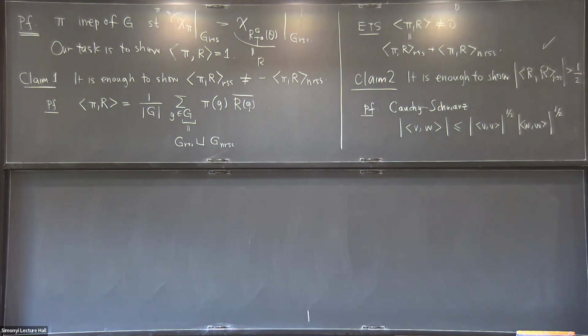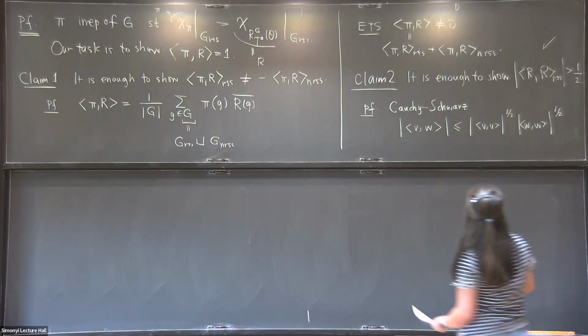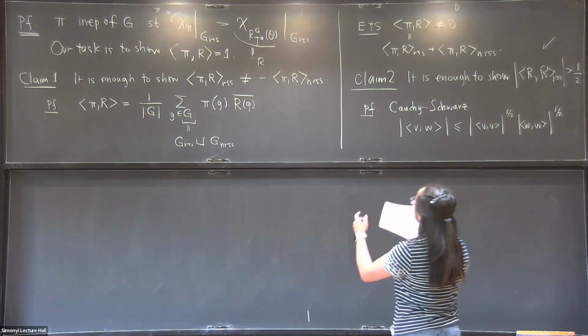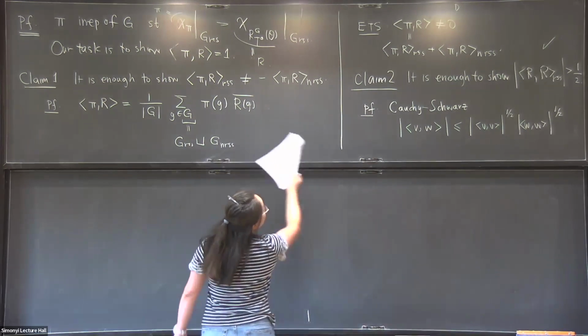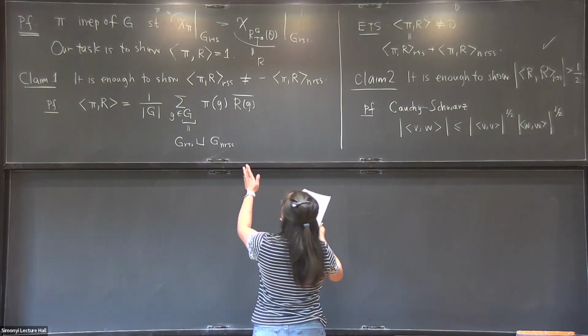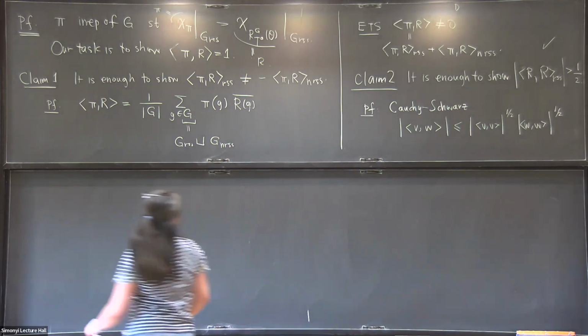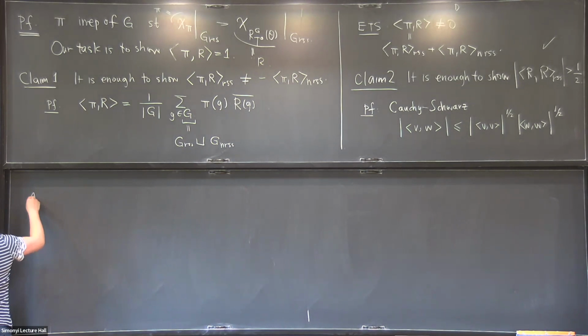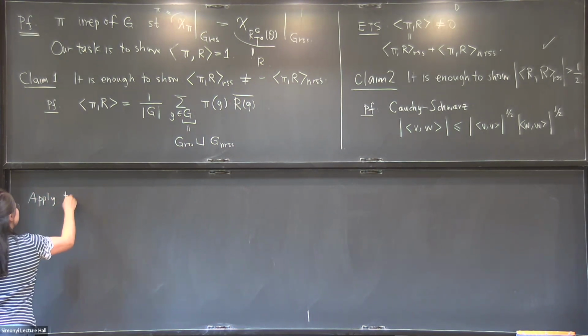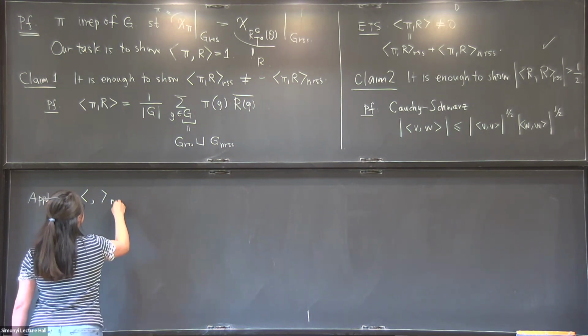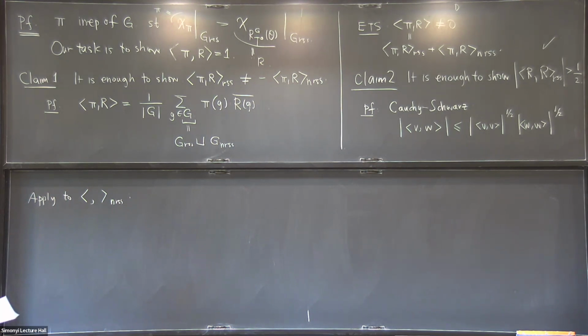Okay. So let's apply this. How are we going to apply this? We have inner products. And we're not going to apply it to the regular semi-simple part. We're going to apply it to the not regular semi-simple part. So apply it to this one, NRSS. And so what does this say?